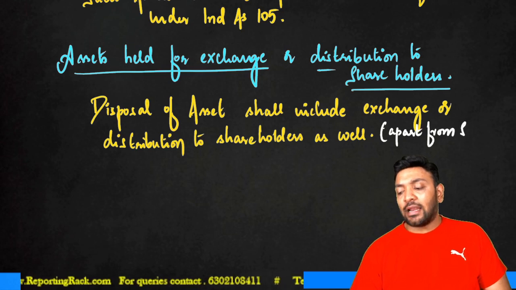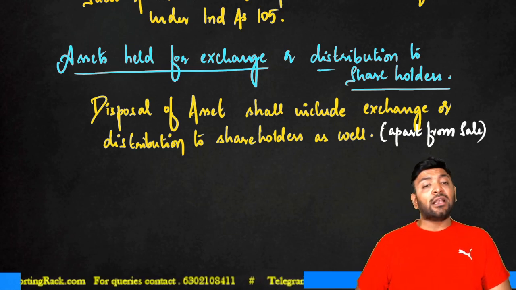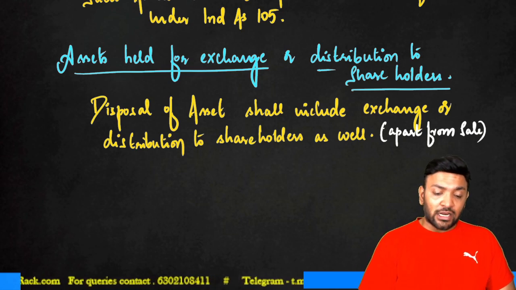Apart from sale, you can either dispose the asset by exchanging the asset or by distributing it to the shareholder.